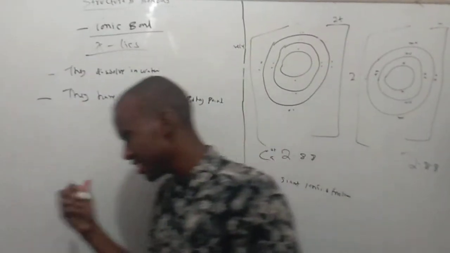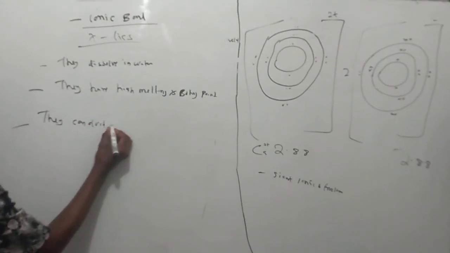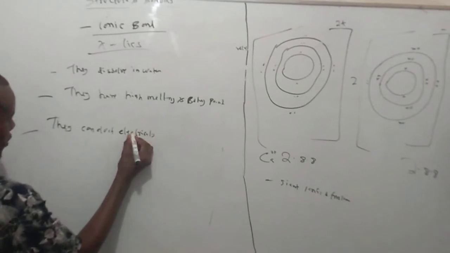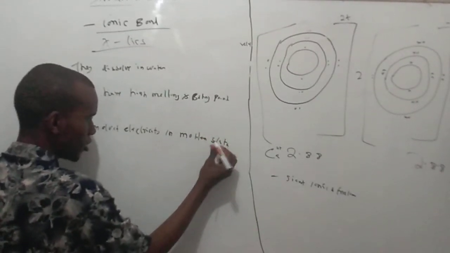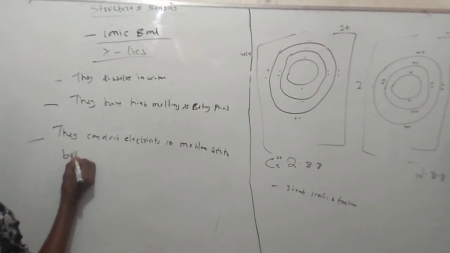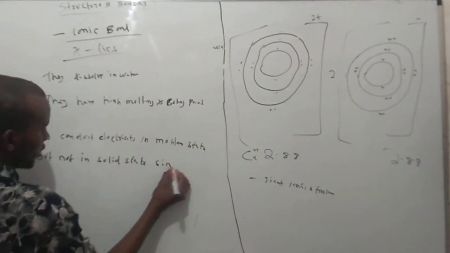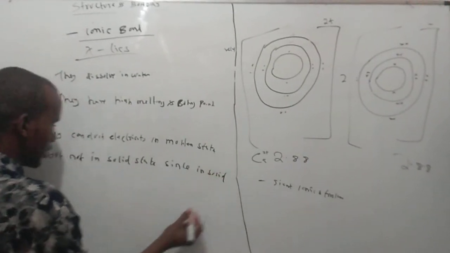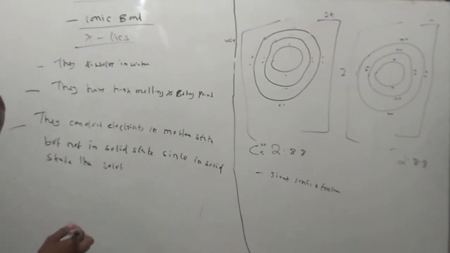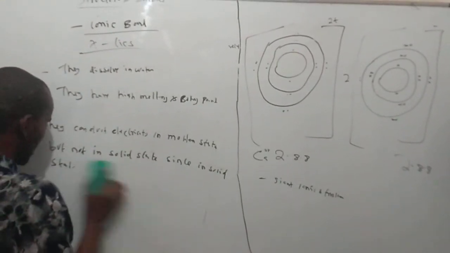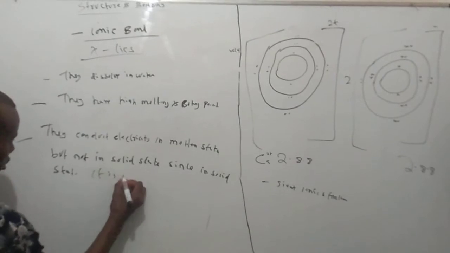It's a strong bond. Then lastly we say ionic bond, they conduct electricity in molten state or aqueous, but not in solid state, since in solid state the ions are fixed, they're not mobile.